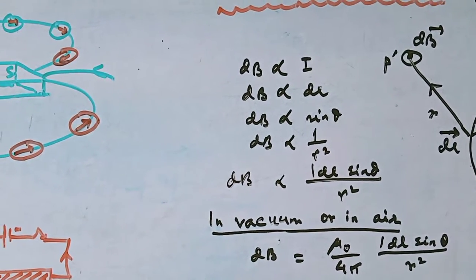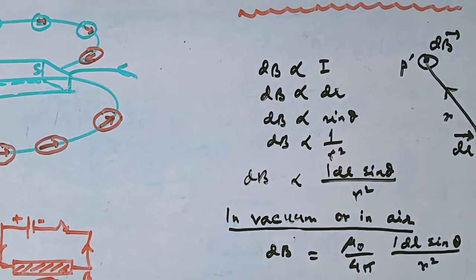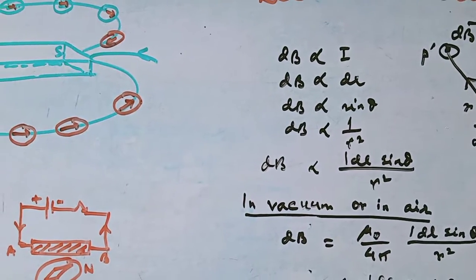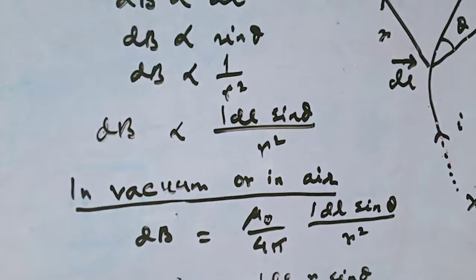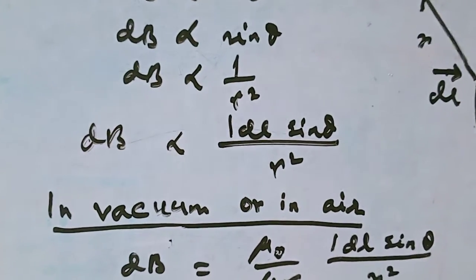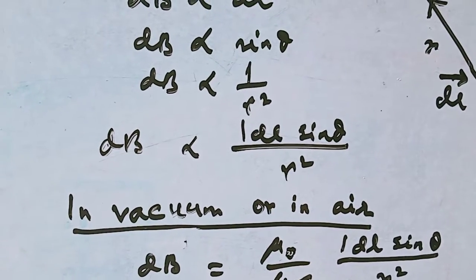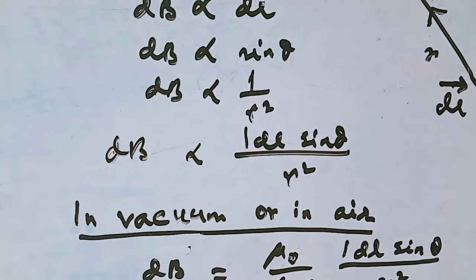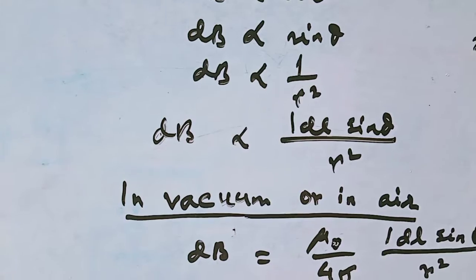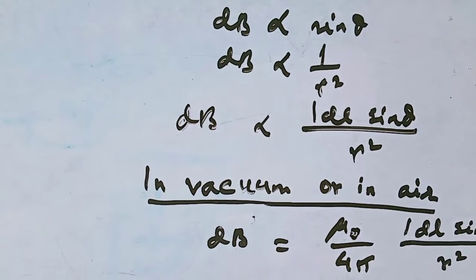See, r squared is present in the denominator in both Coulomb's law as well as in Biot-Savart law. That means the magnetic field strength as well as the electric field strength in case of Coulomb's law, both are inversely proportional to the square of the distance. So both are inverse square laws.